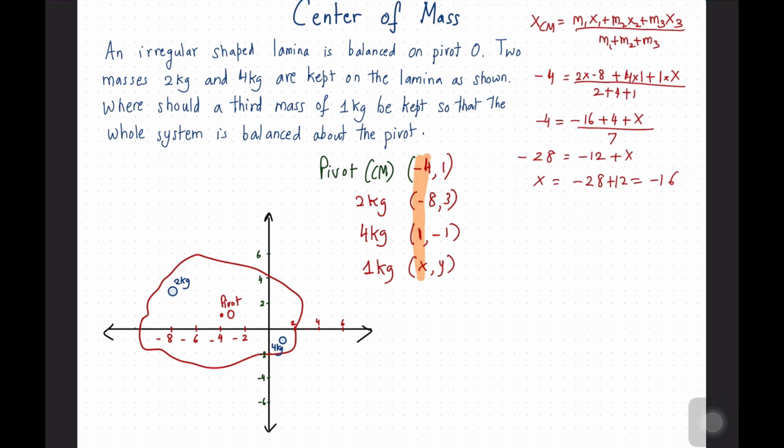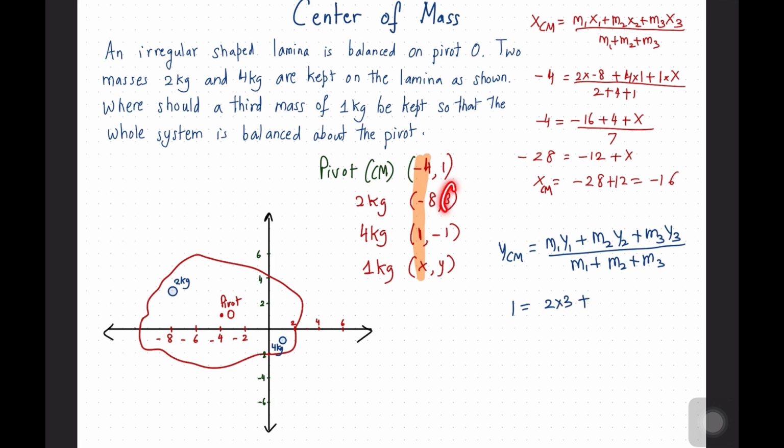For the y coordinate, we'll repeat the process. ycm is equal to m1 y1 plus m2 y2 plus m3 y3 over m1 plus m2 plus m3. Then we can look at the y coordinates of all the masses as well as the center of mass, which is the pivot, and substitute that into the formula.